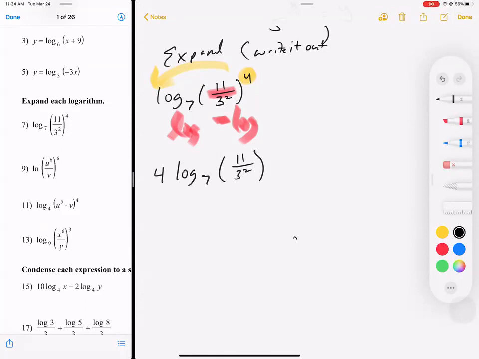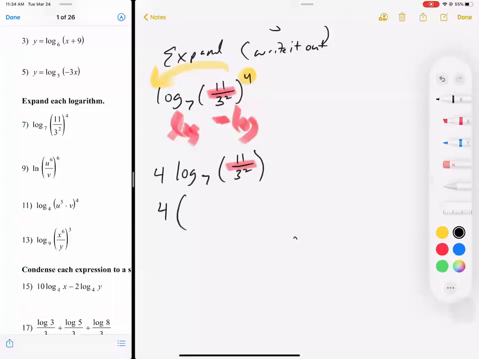Okay with that? Okay, next step. What did we say happens when we are dealing with a divide? For dividing inside, we are subtracting on the outside. So it's 4. Here's a careful part.